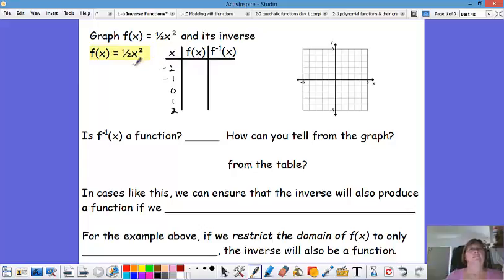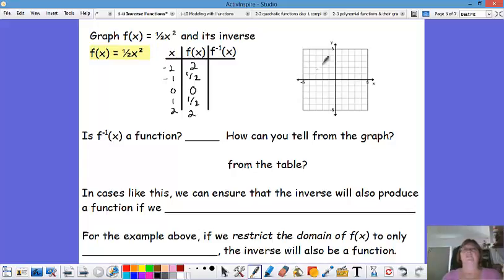When x is negative 2, negative 2 squared is 4, and half of that is 2. When x is negative 1, negative 1 squared is 1, and that's a half. When x is 0, we get 0. When x is 1, we still get 1/2, and when x is 2, half of 4 is 2.